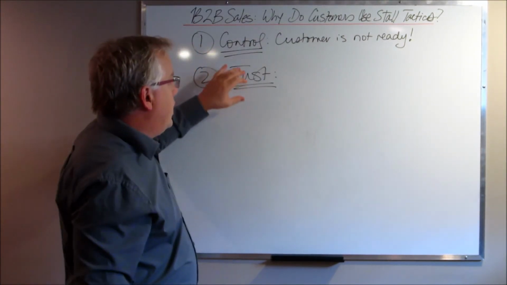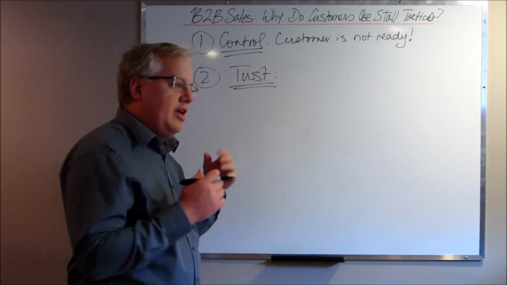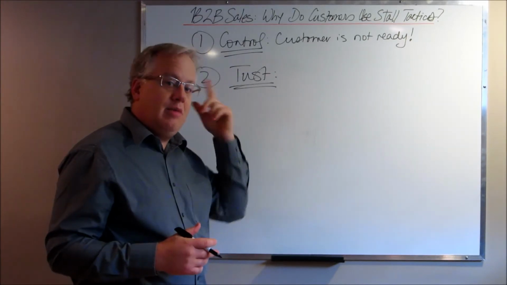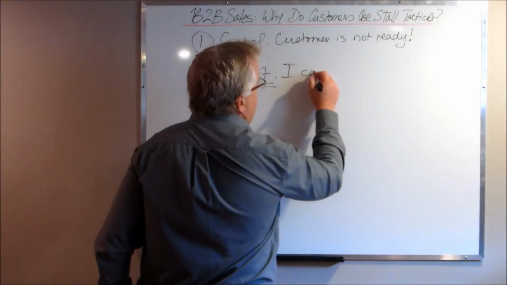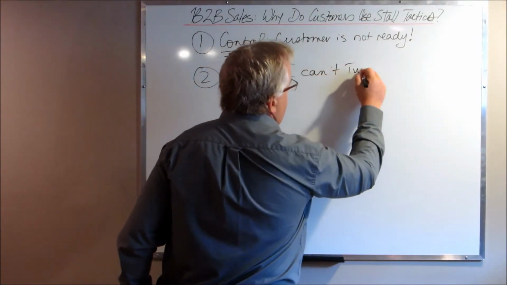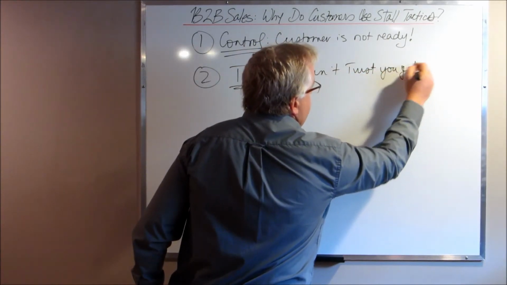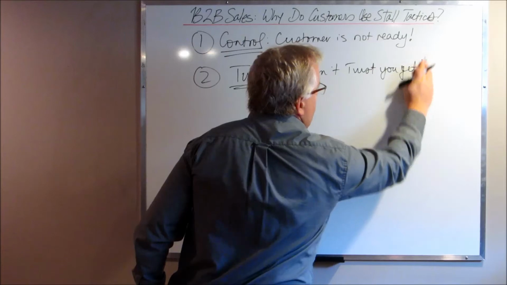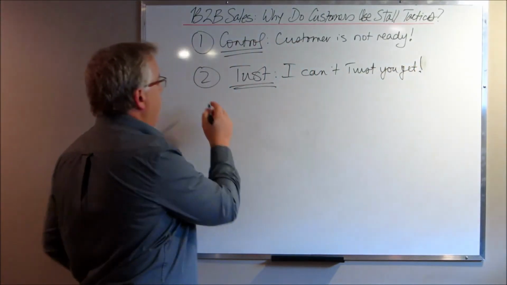With these first two, it's important to understand that what comes out of the customer's mouth may not necessarily be what they're thinking. So trust. I can't trust you yet. You want to allay the customer's fears, directly confront the issue and move forward.